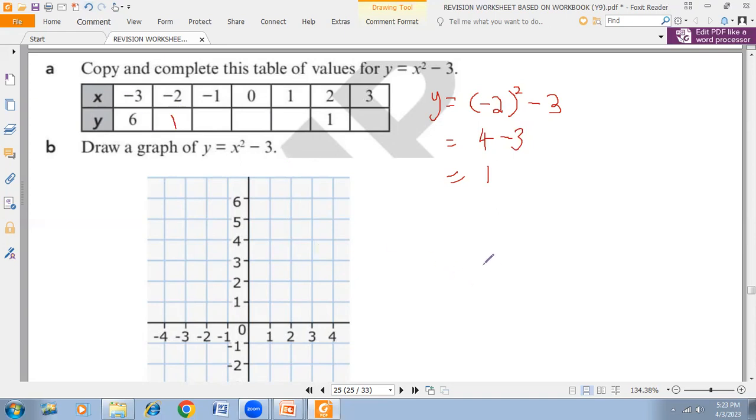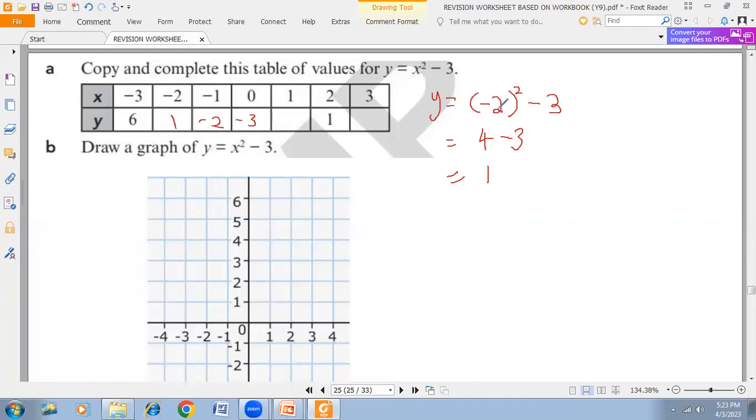So in case I continue like this, for the next part, which is -1, (-1) squared minus 3, I'm going to get a -2. If it is a 0, 0 squared is again a 0. So 0 minus 3 is -3.